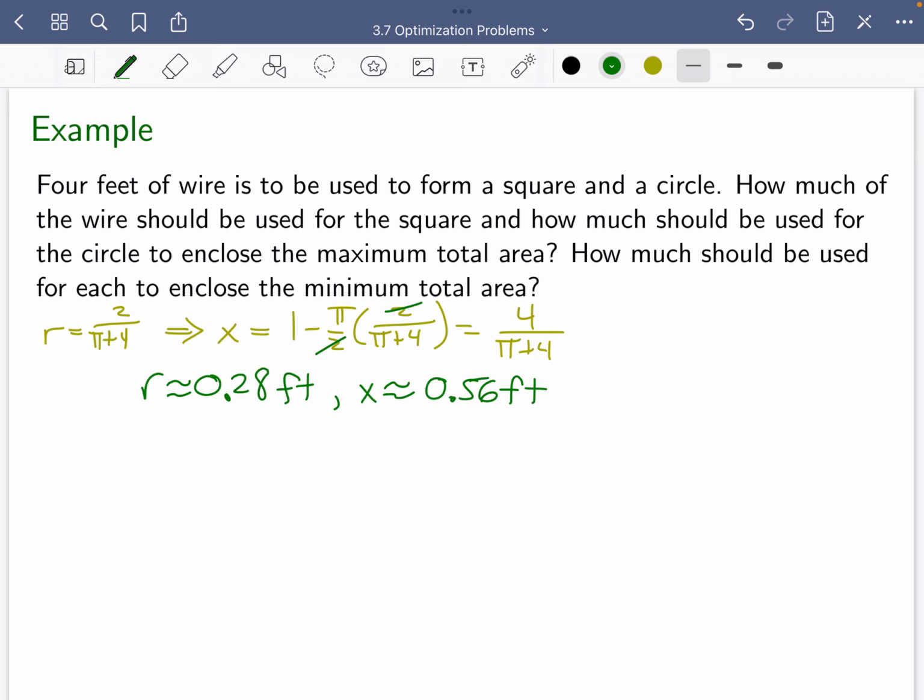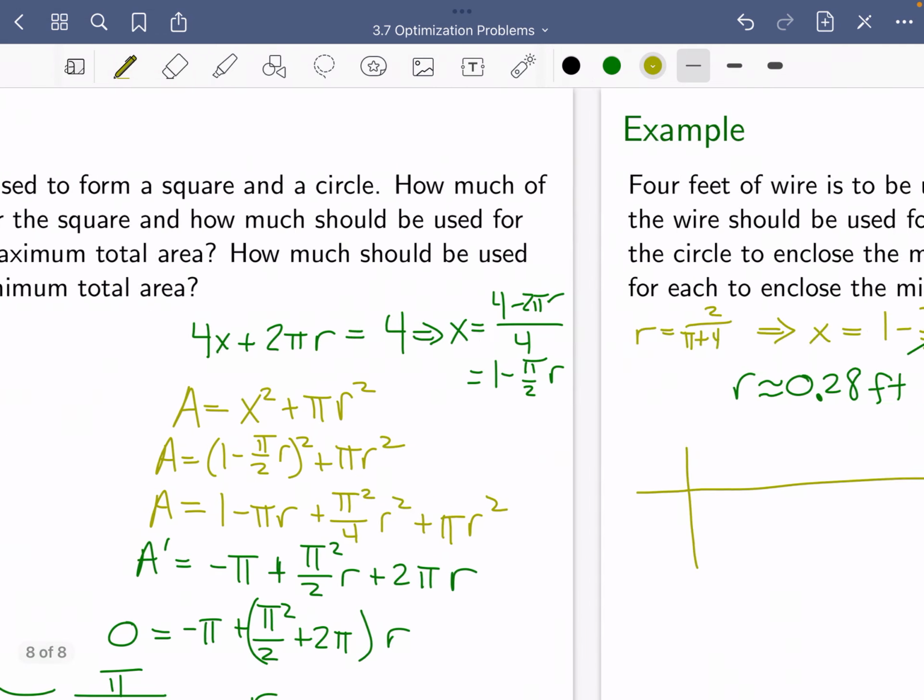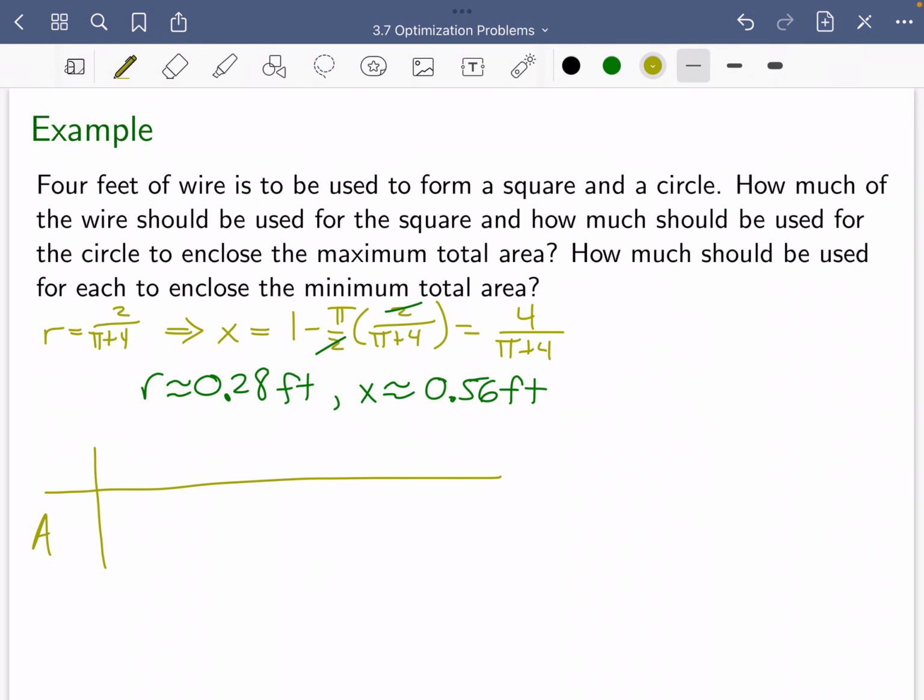Now, is that a maximum or a minimum area? Well, we need to think about what is a feasible area. So we're going to do a sign chart for our total area, A, and we're doing a sign chart for the derivative of that. We are using just the values of r here initially, and so what are the feasible values of r?